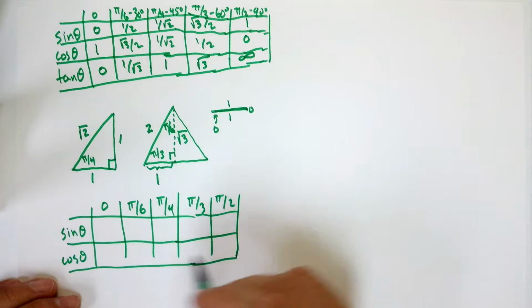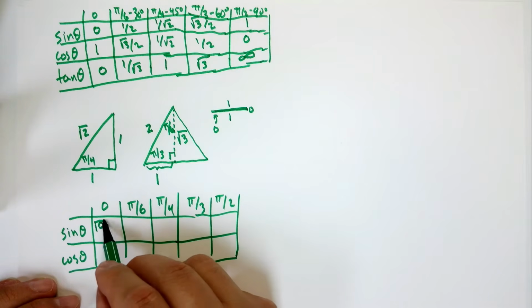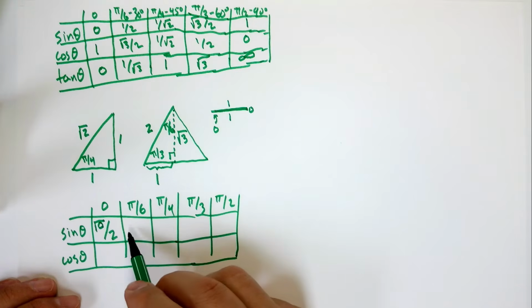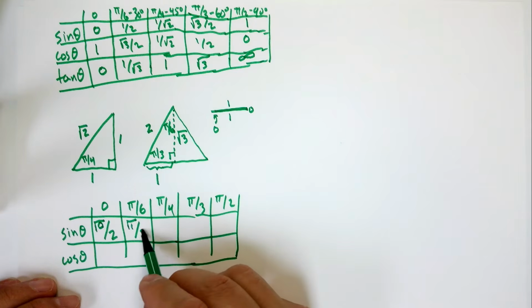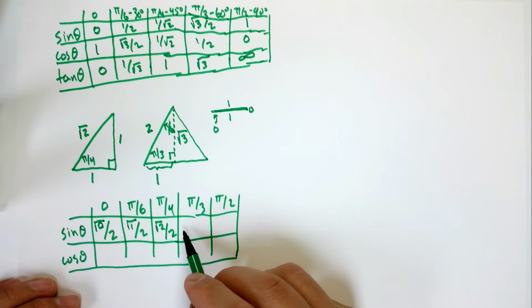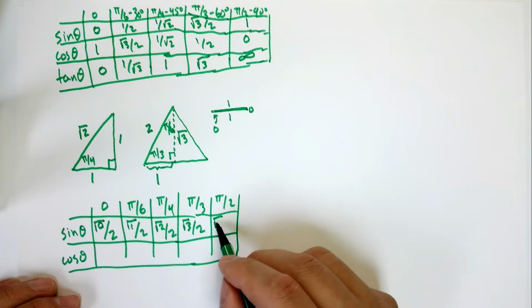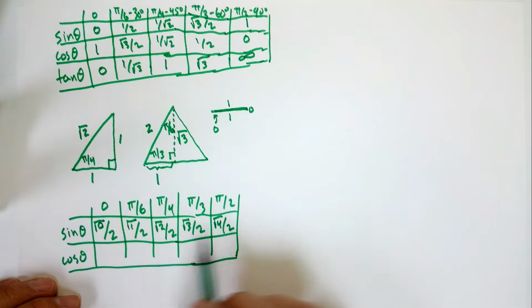All right, now here's how you do it. This 0 becomes square root of 0 over 2, which is 0, square root of 1 over 2, which is 1/2, square root of 2 over 2, which is 1 over square root of 2, square root of 3 over 2, and square root of 4 over 2. So it has that nice pattern.